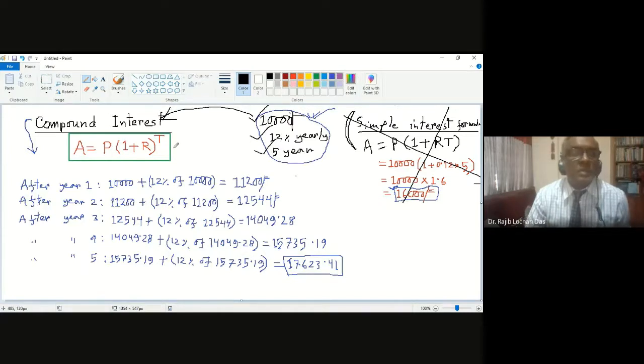Then you apply this formula, and the final amount will come by the formula.